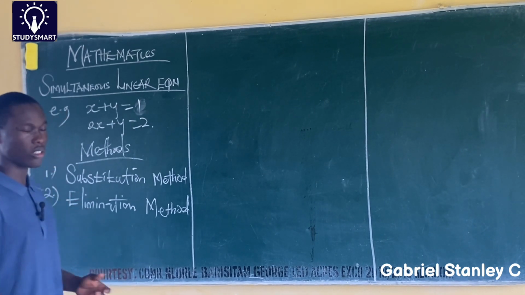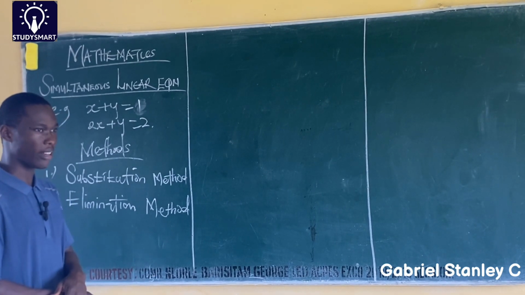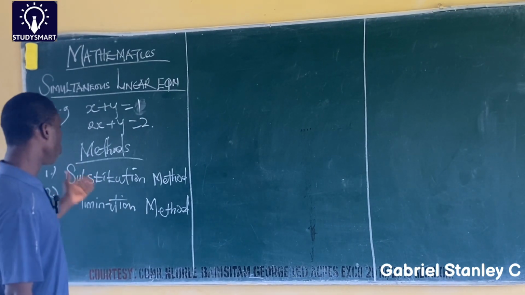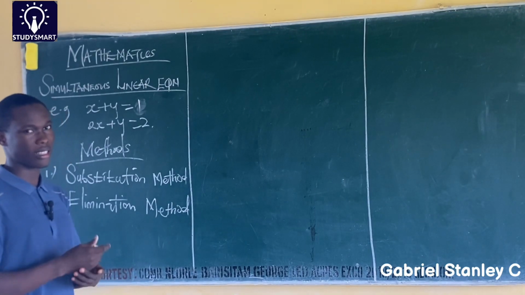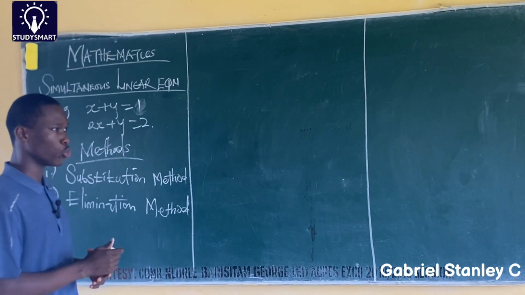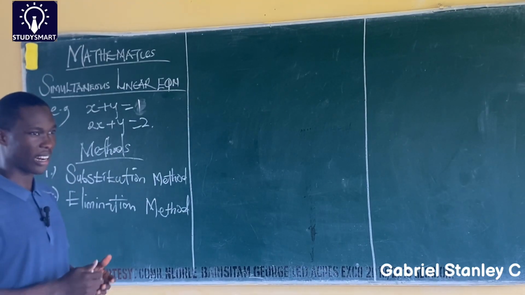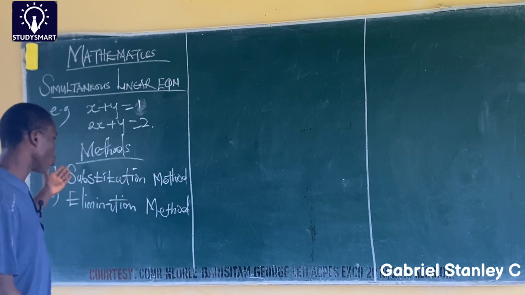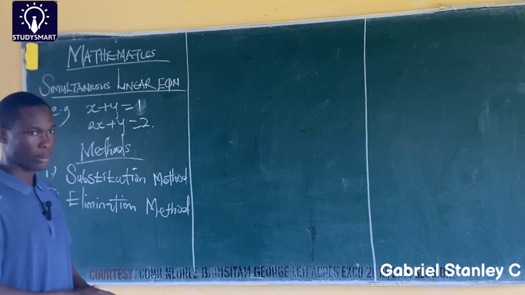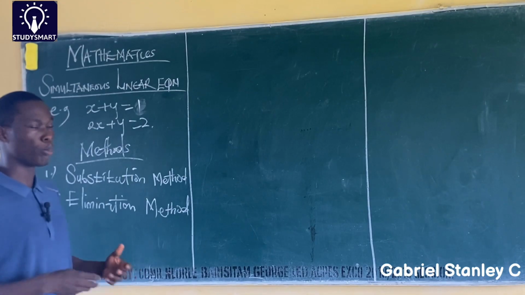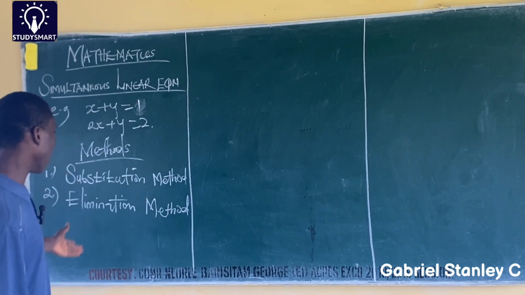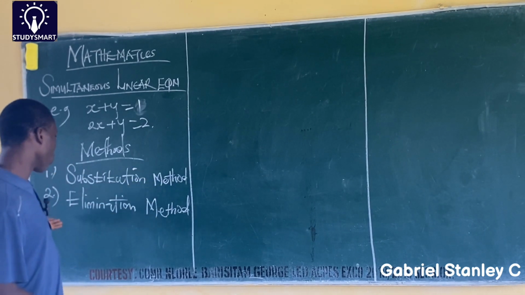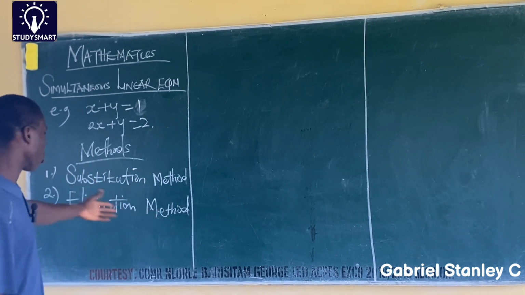So when you see a simultaneous linear equation, the first thing that comes to your mind is: what method am I using? If you use either of these methods, you automatically get the same answer. It will be left for you to choose, or it may depend on the exam you are writing. JAMB will not ask you to use any of these methods, because you are not showing working; you just need to provide the solution. WAEC can actually tell you to use either the substitution method or the elimination method, which brings us to the first one.